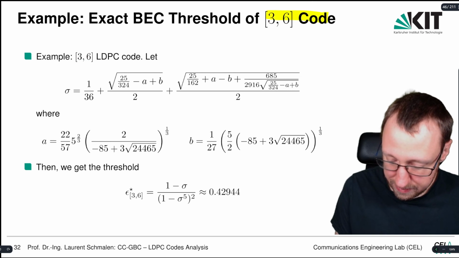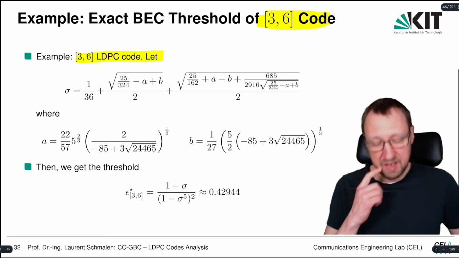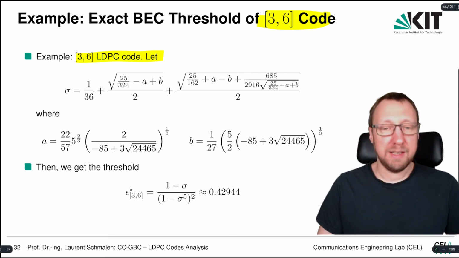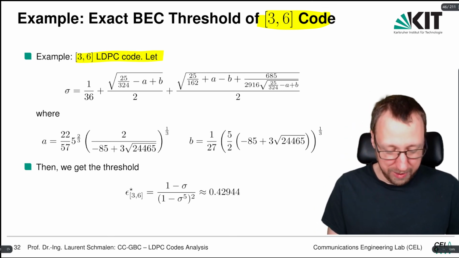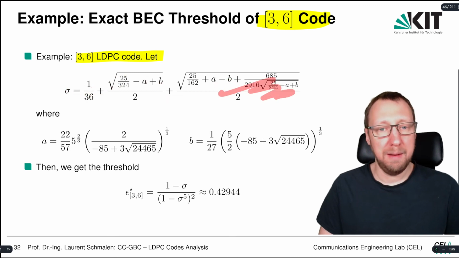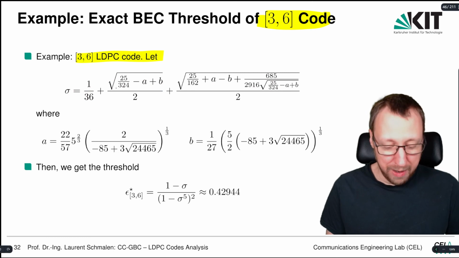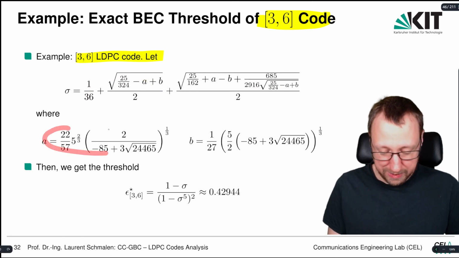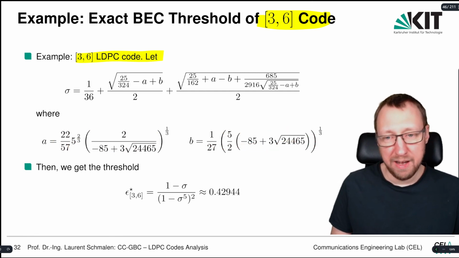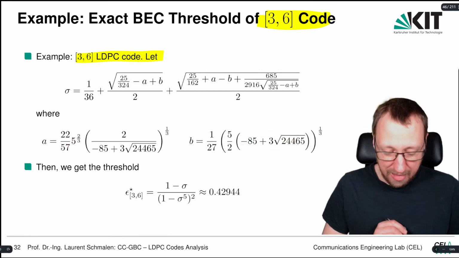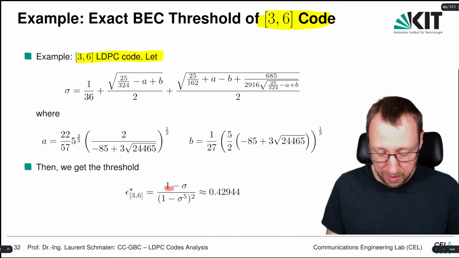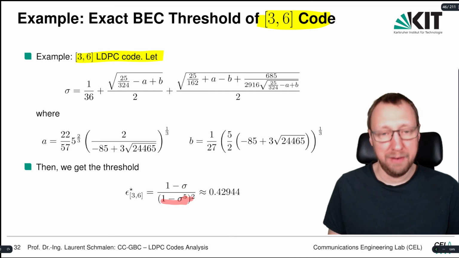And for 3-6, we can actually get the solution, but it's far from trivial. We need to calculate first sigma, given by this rather unpleasant expression, where we have a and b. A is given by this, and b is given by this. So again, rather unpleasant. Then we can calculate the threshold by taking 1 minus sigma over 1 minus sigma to the power 5, squared.